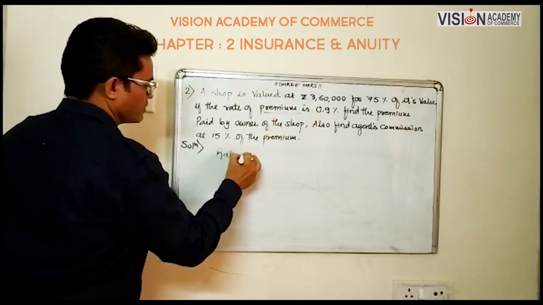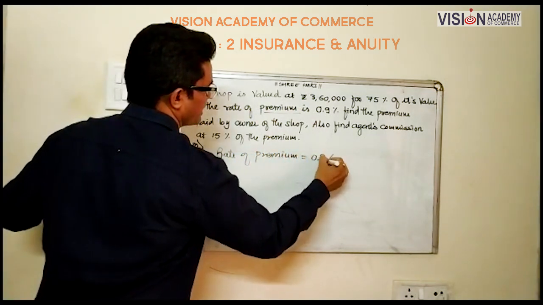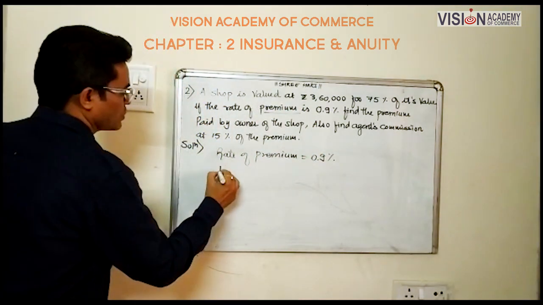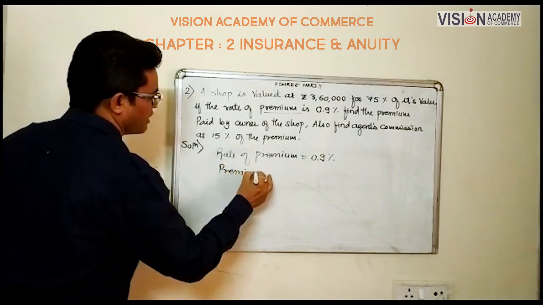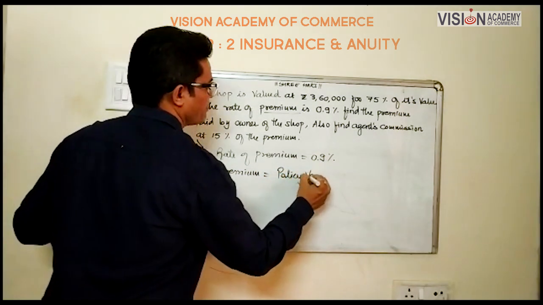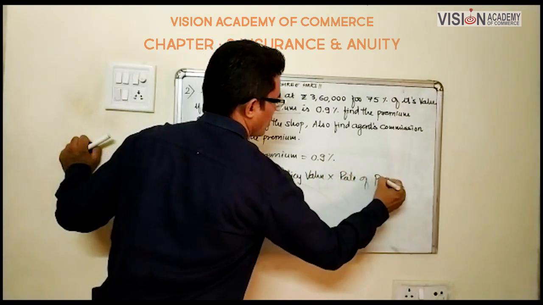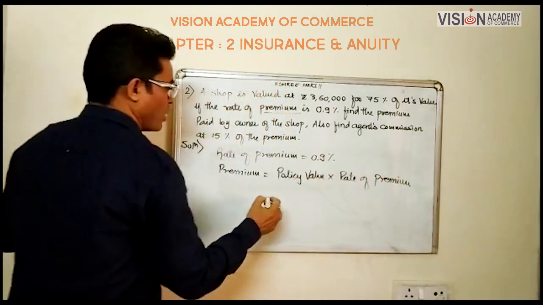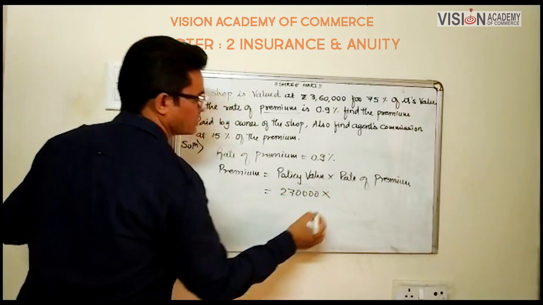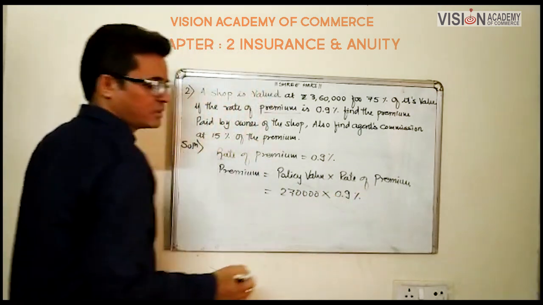So the rate of premium is 0.9%. Your required premium is always calculated on policy value, so policy value into rate of premium. Your policy value is 2,70,000 and your rate of premium is 0.9%.